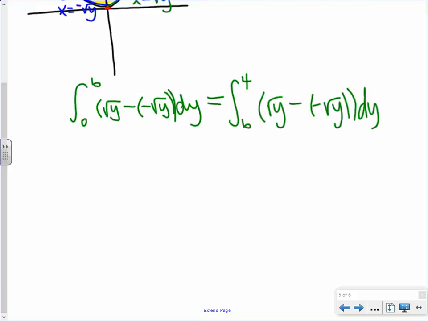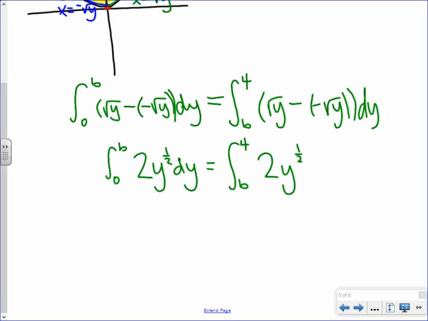So let's go ahead and rewrite this to make it easier for us to integrate. Radical y plus radical y is 2 radical y. So I'm going to go ahead and write 2y to the 1/2. Okay. Then we're going to go ahead and need to find the antiderivative for each. So we have 2 times, this is y to the 3/2 times 2/3, evaluated from 0 to b.